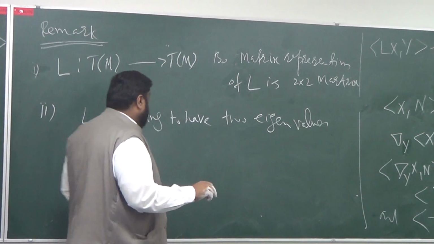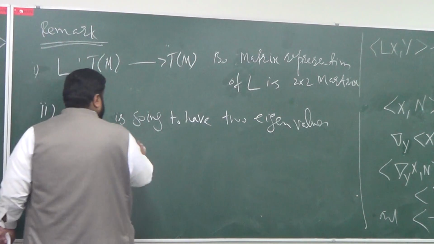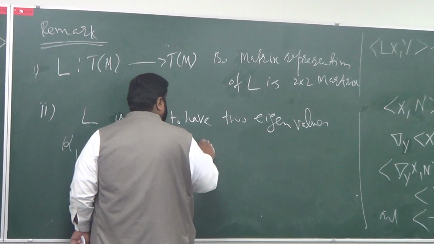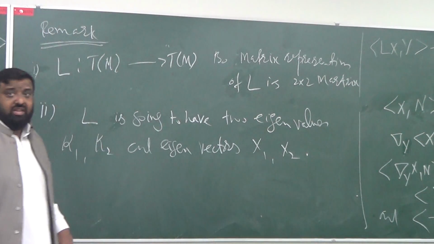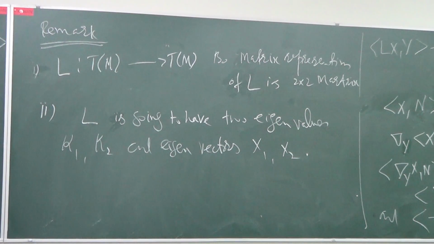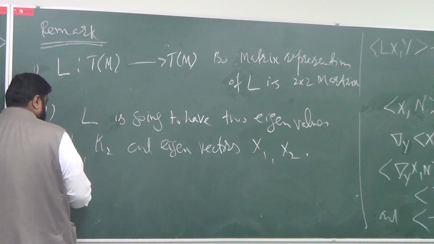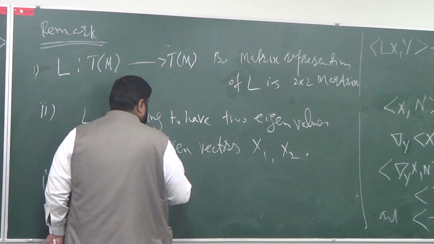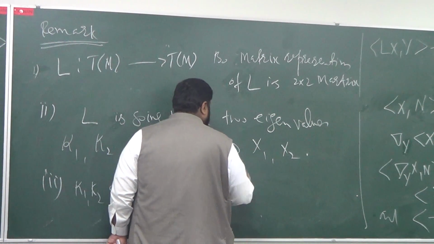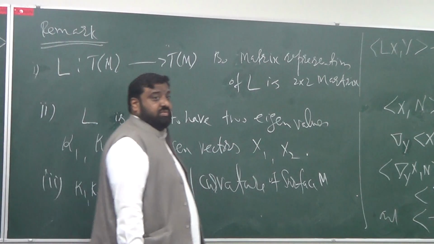Let us denote those eigenvalues by kappa 1 and kappa 2, and eigenvectors x1 and x2. It's going to have at most 2 eigenvalues and 2 eigenvectors. These eigenvalues, k1 and k2, are called the principal curvatures. What do you mean by that?